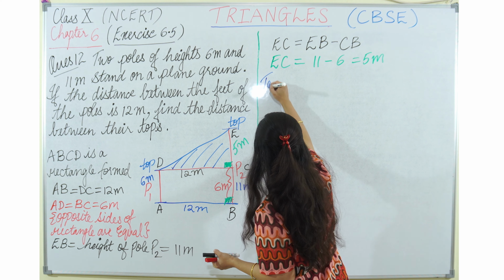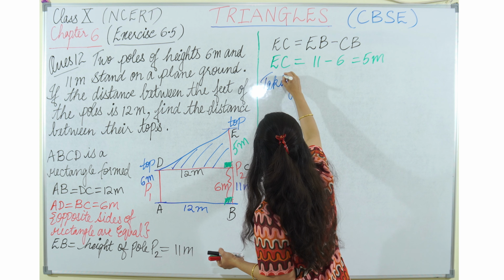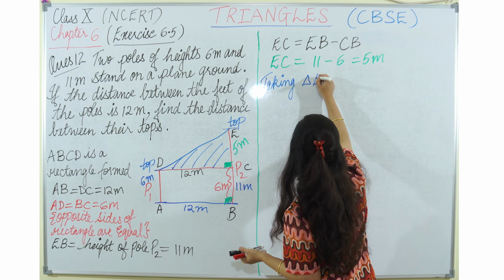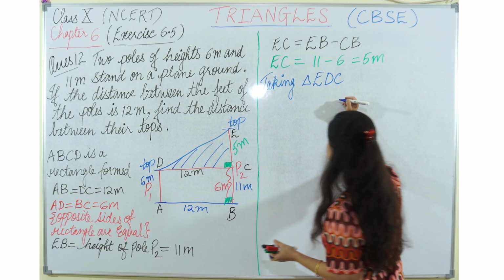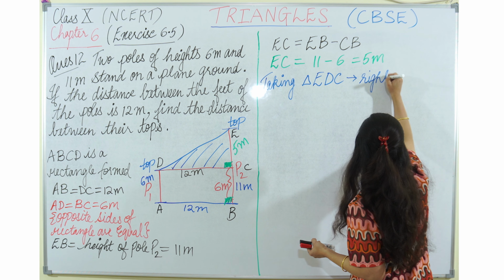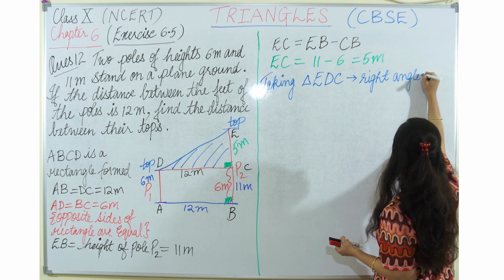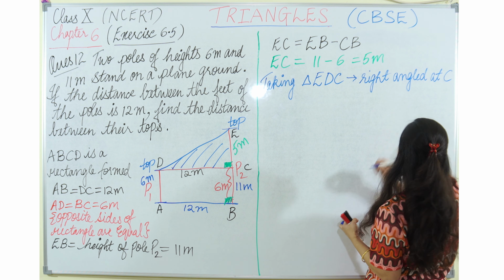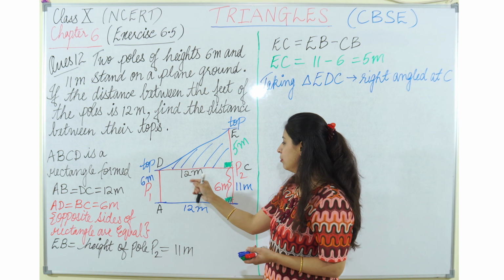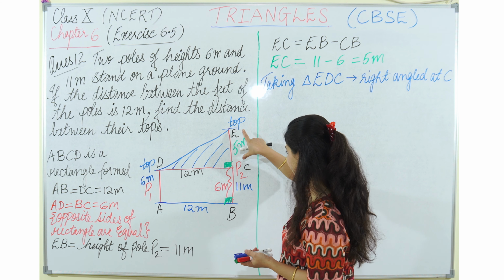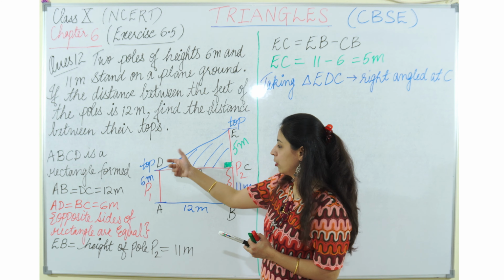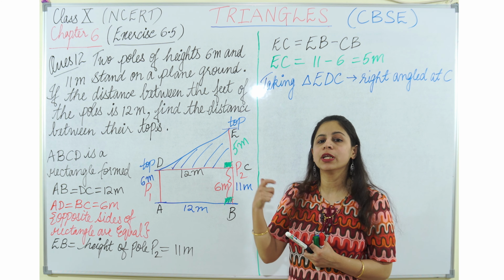So taking triangle EDC, it is right angled at C. From here it is clear my base is DC, perpendicular is EC, and DE, the distance between the tops, is what we need to find in the question.